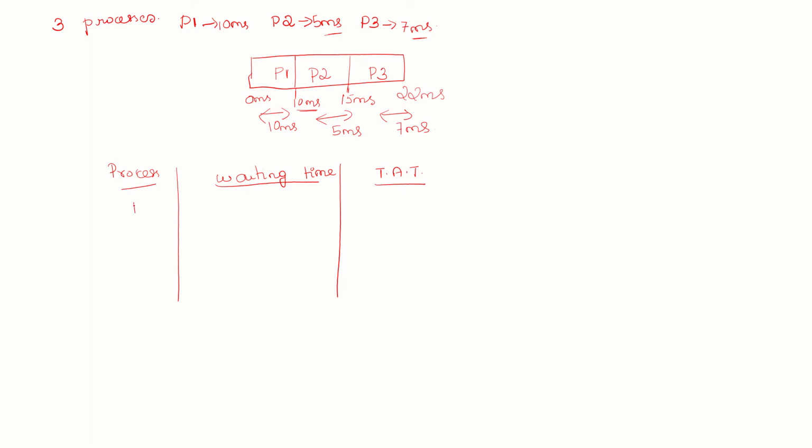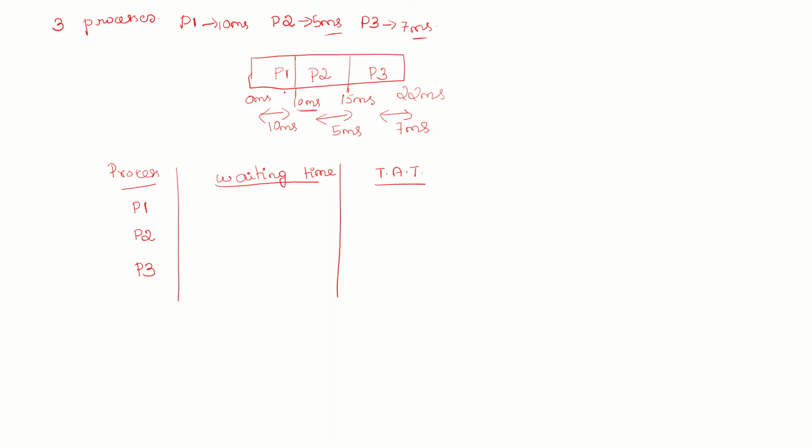What are the different processes that are present? P1, P2, and it is P3. Now, consider this particular diagram. How much time does this P1 take? Or in this case, we are calculating the waiting time. So we can say, how much time P1 waits before it starts its execution.